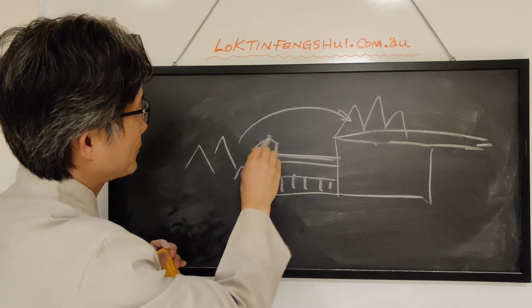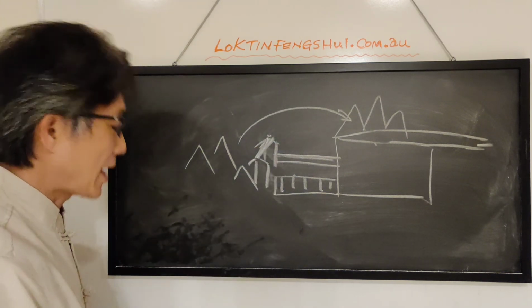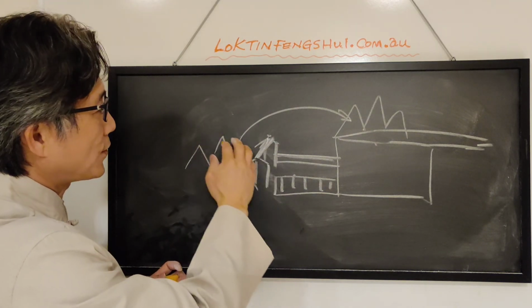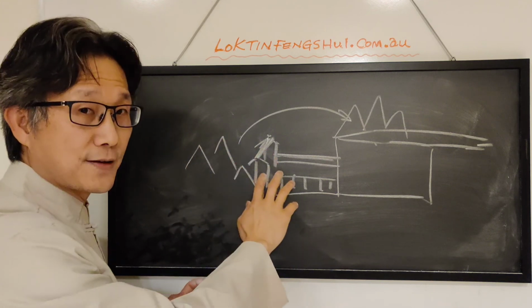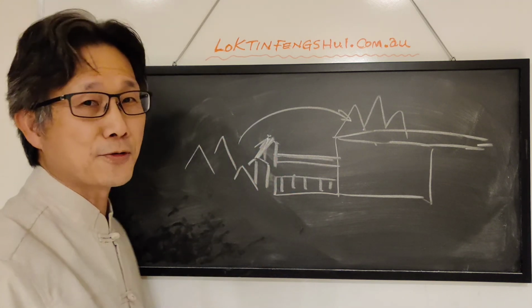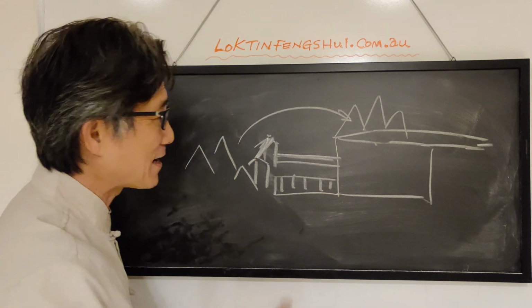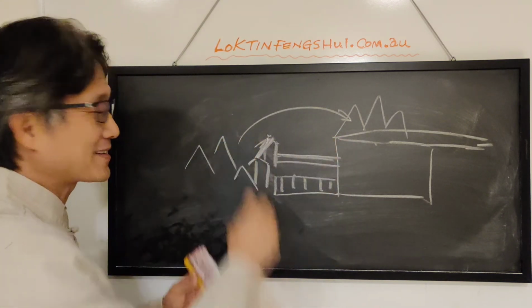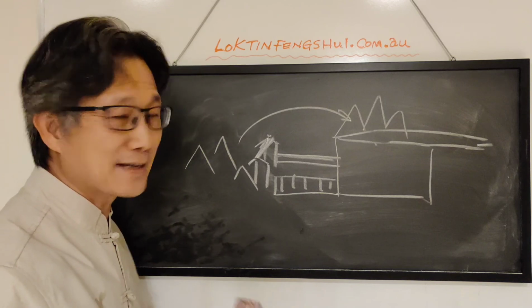This flat roof will help you to transform this fire energy into earth energy. Some masters will teach you to hang a mirror to face that, but I hardly use that.